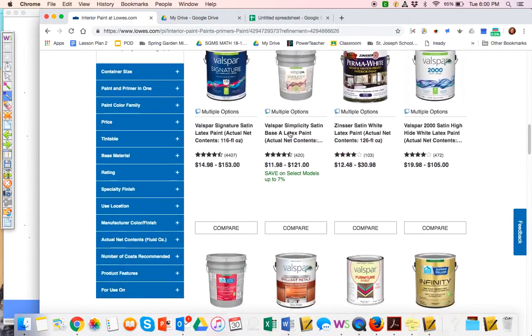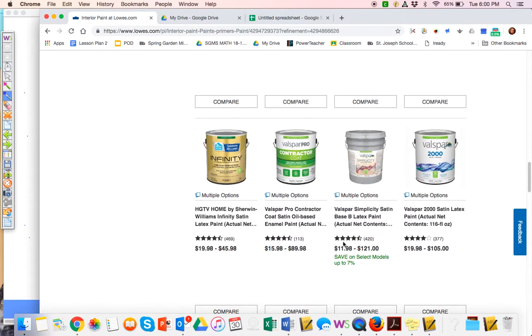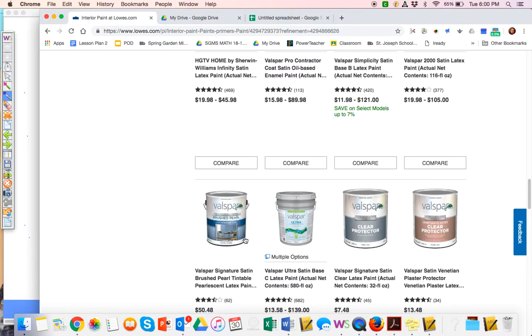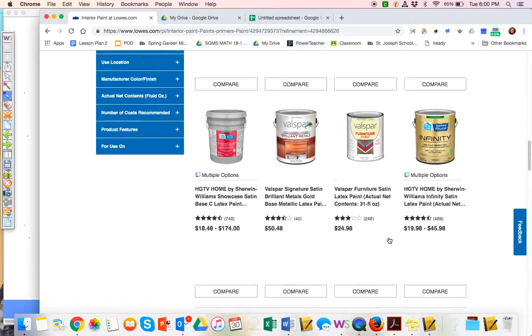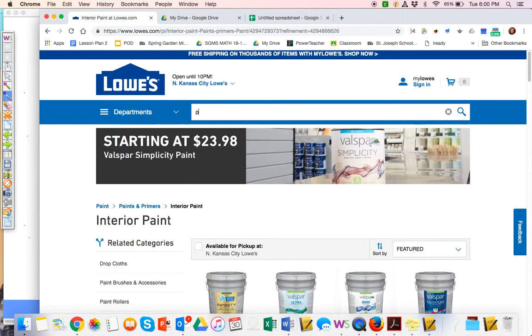So all of these paints are white paint. So you have to pick the paint that you want to use. So let's Google paint with primer.